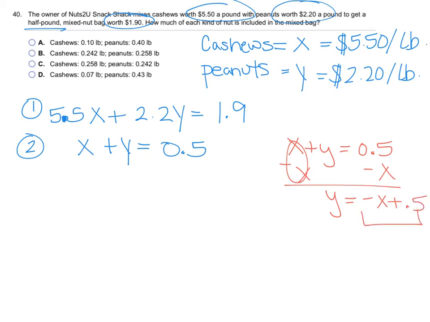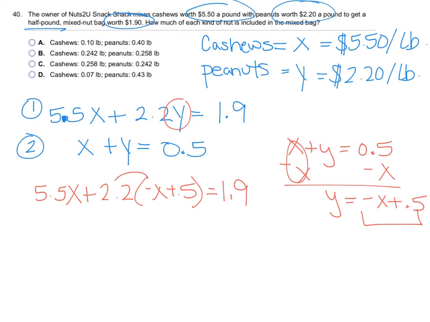Now I'm going to take that expression for y and plug it into the top equation and solve for x. So I have 5.5x plus 2.2 times negative x plus 0.5 equals 1.9.